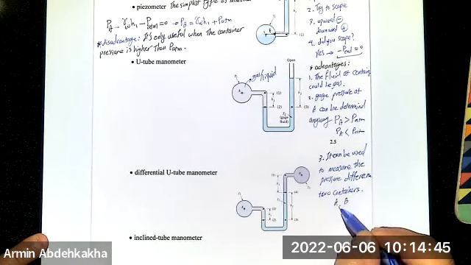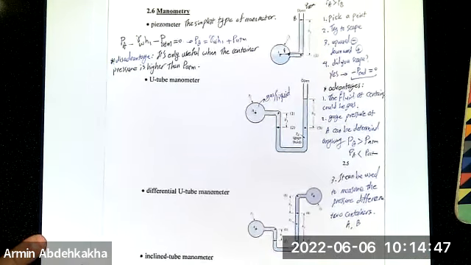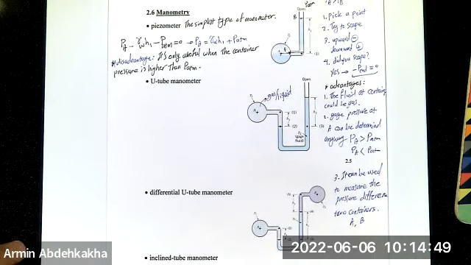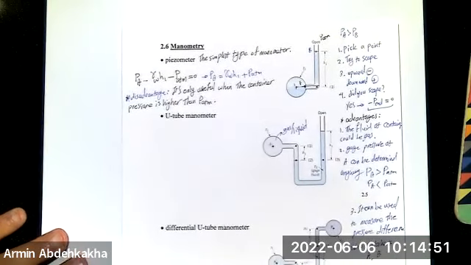So based on these three advantages, most of the time you see the U-tube manometers.